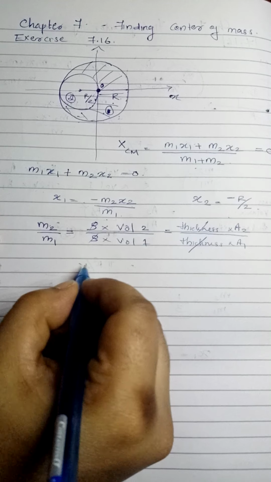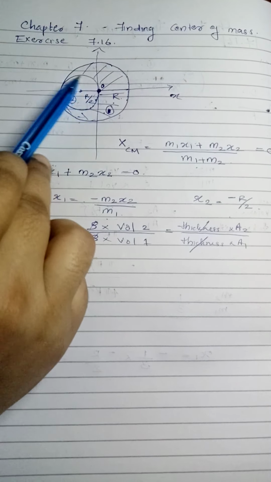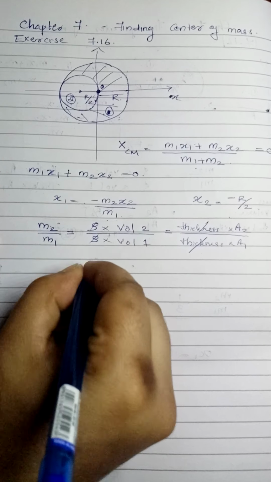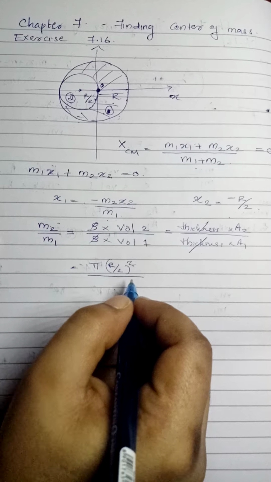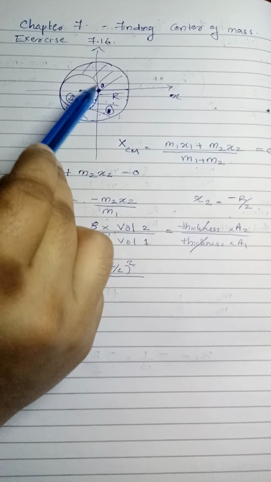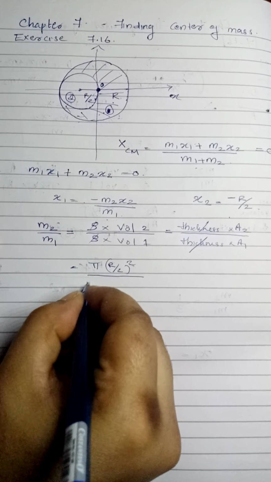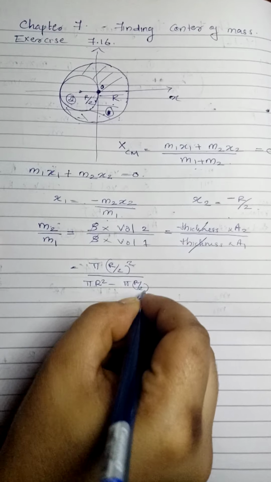Now what we have is area of the second particle divided by area of the first particle. Area of the second particle is pi times r by 2 the whole square, divided by the area of the first particle, which is the bigger area minus the smaller area: pi r square minus pi r by 2 the whole square.